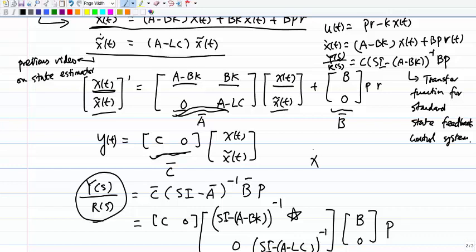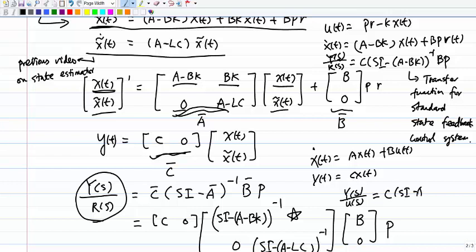This comes from x dot is A x plus B u and y t is C x t, where the transfer function is Y s over U s, which is C (s I minus A) inverse B. The only difference here is I have A bar, B bar, and C bar, and of course an additional p. Otherwise, you just follow the same formula we use for the standard linear time invariant system.